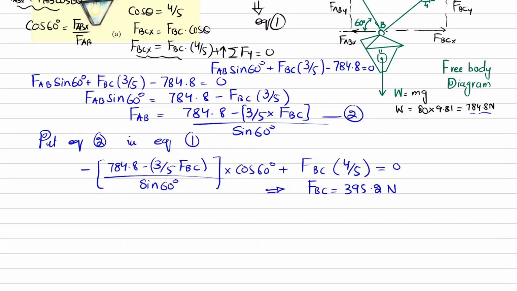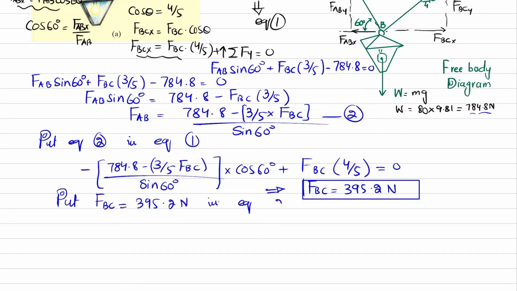395.2 Newton. Now put the value of FBC equal to 395.2 Newton in equation number 2.